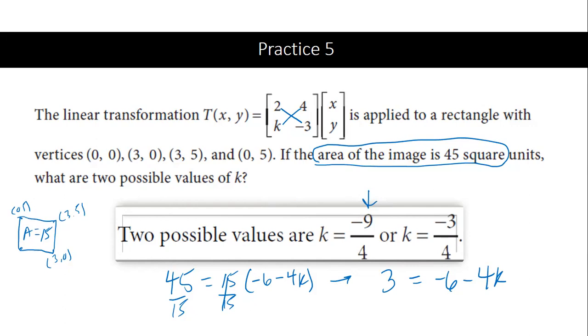Technically it could have been a -45, because area is always positive, even if your determinant comes out negative. So this is when we have positive 45, and this is when we have -45. And that should be your 4B.4 part, whatever we're on, number 3.